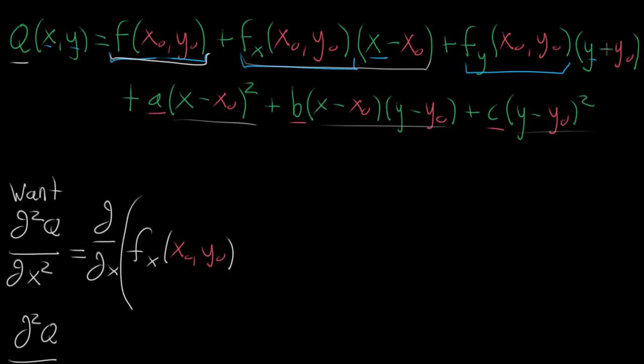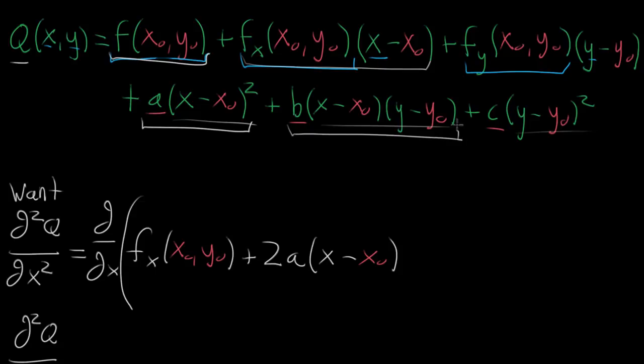This next term has no x's in it, so that's just going to go to 0. This term is interesting because it's got an x in it. So when we take its derivative with respect to x, that 2 comes down. So this will be 2 times a, whatever the constant a is, multiplied by x minus x naught. That's what the derivative of this component is with respect to x.